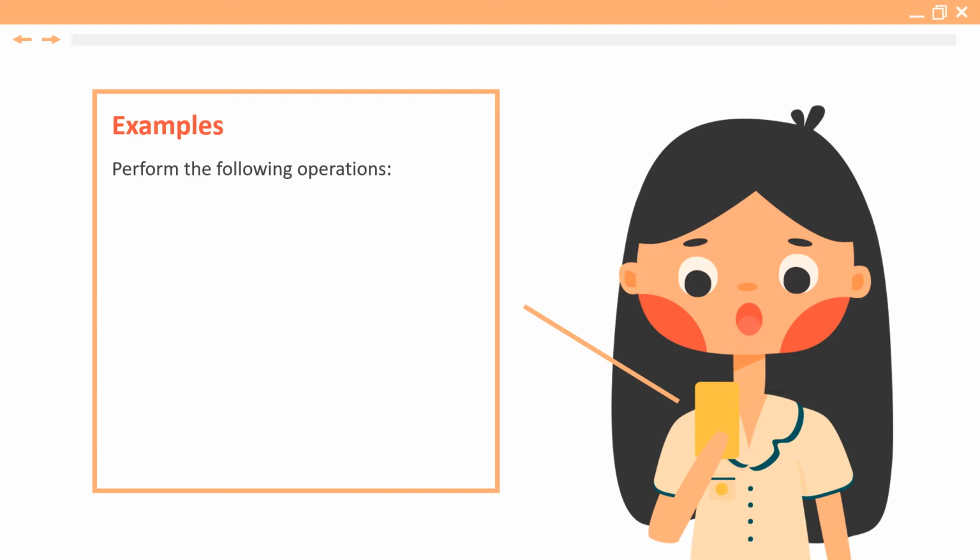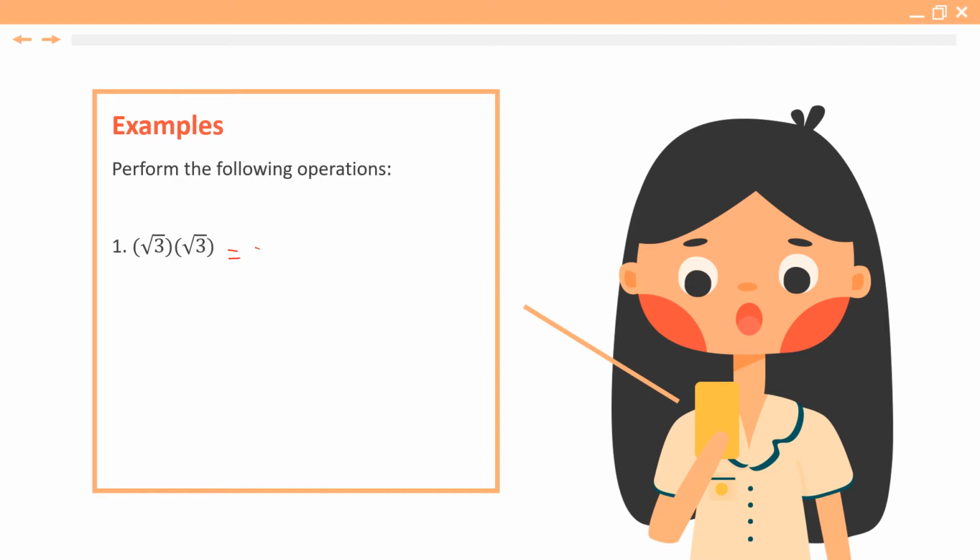So now, let's perform the following operations. We have square root of 3 multiplied by square root of 3. Since you are multiplying two square roots, the answer would be square root of 9.